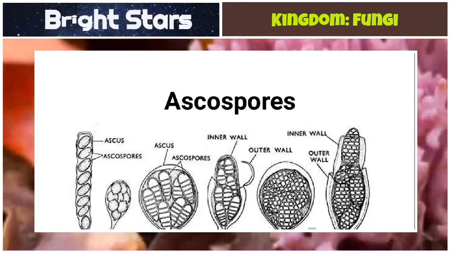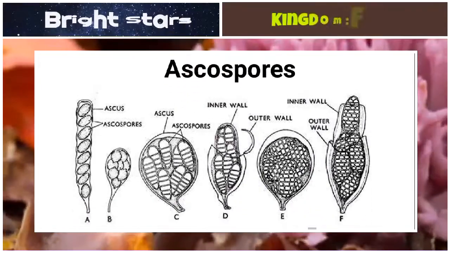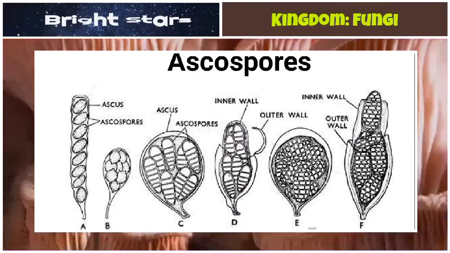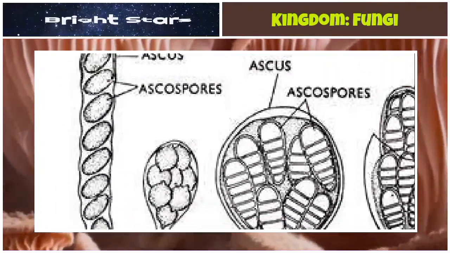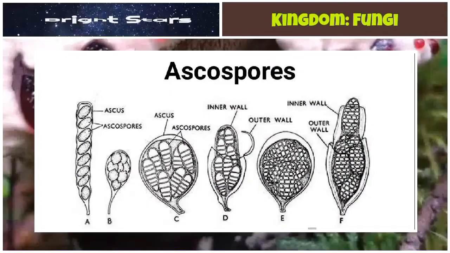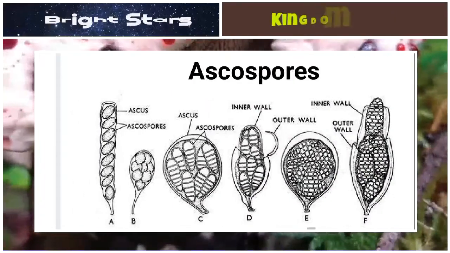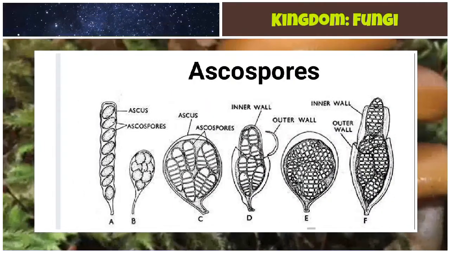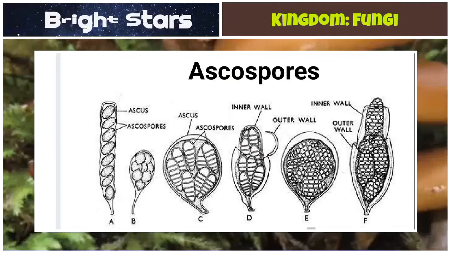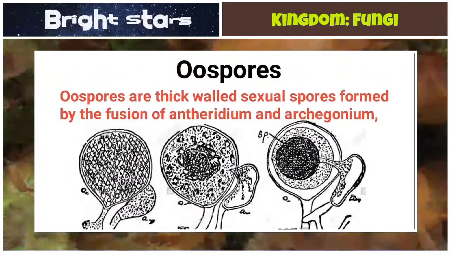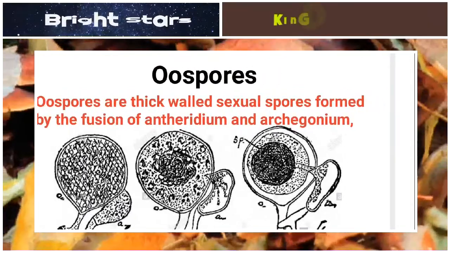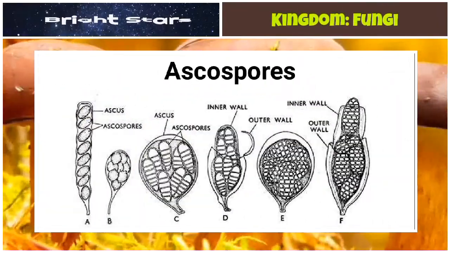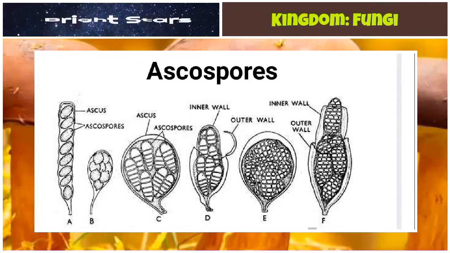So the next thing, ascospores. In some ascomycetes like fungi, ascus is the structure in which ascospores are formed. So that's why that fungi is called ascomycetes, that we are going to study in the next video. In the oospore formation, if the oogonium has spores, they are called oospores. If ascus has spores, that is called ascospores.